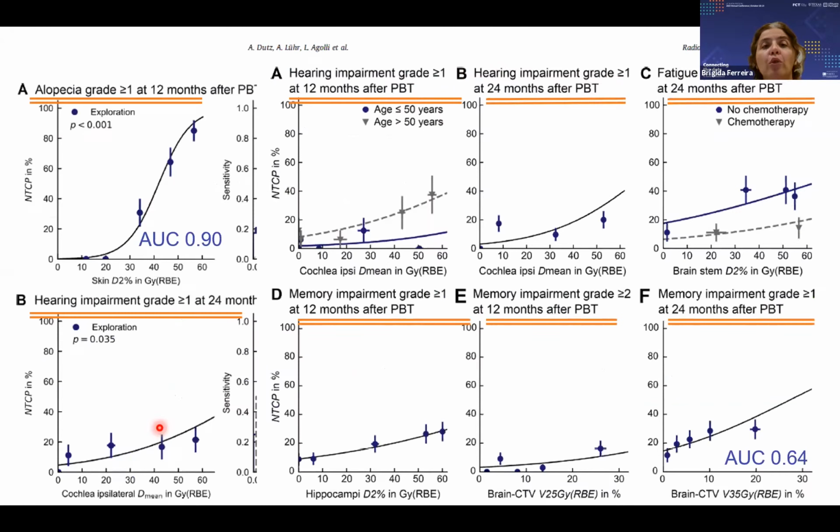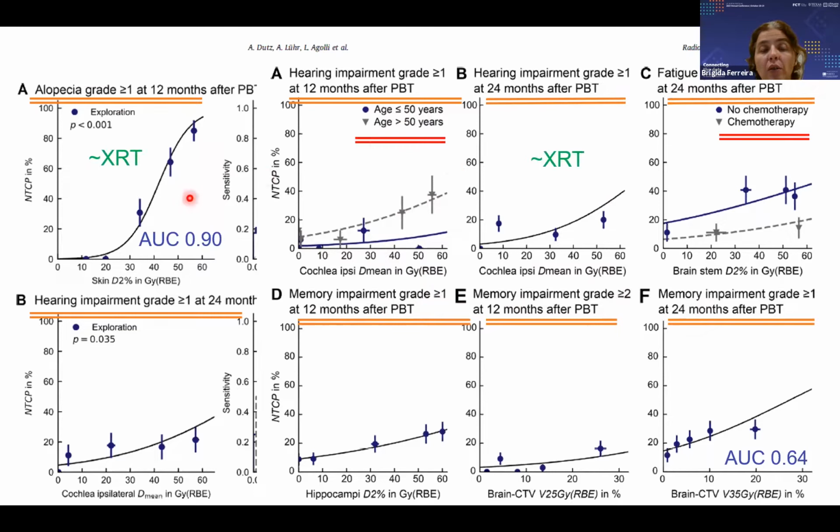And they derived those response models for different endpoints: alopecia, hearing impairment, fatigue, and memory impairment, for different time points and different severities, grade 2 and grade 1. It was even possible to divide the cohort into patients younger than 50 years and older than 50 years, and you see that the dose response curves are different for these subgroups.